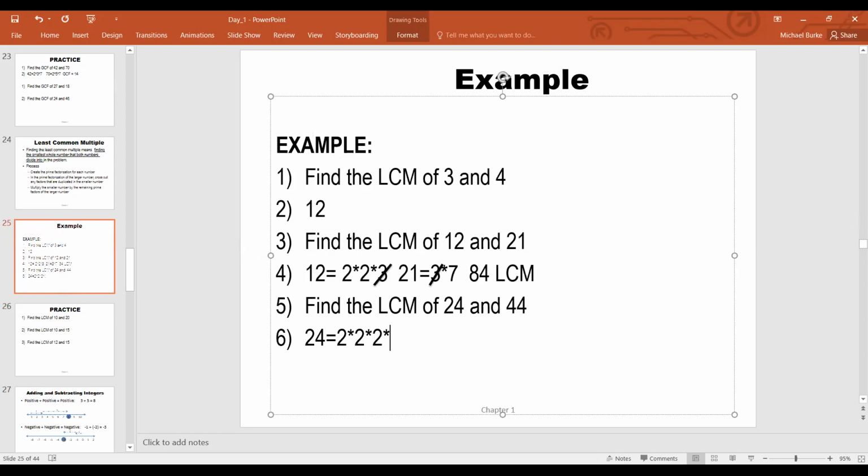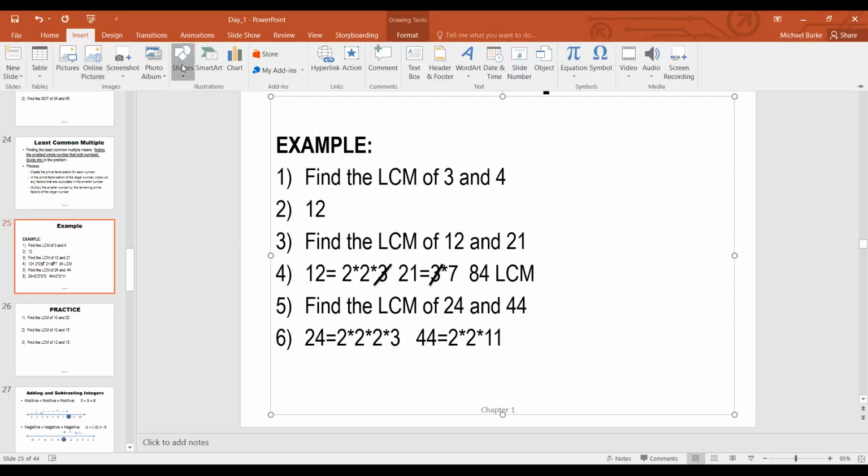And 44 divided by 2 gives you 22 times 2 times 11. So we look at the smaller number and we cross out 2 of these 2's in the larger number. There are some duplicates here, so we get rid of those. So let's put our little cross out in.